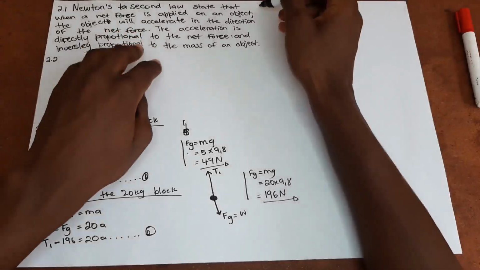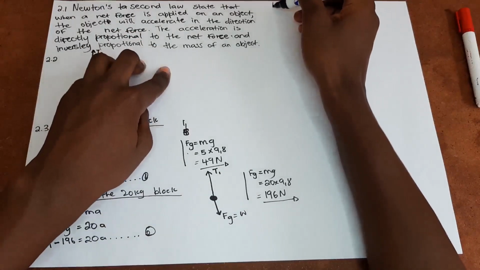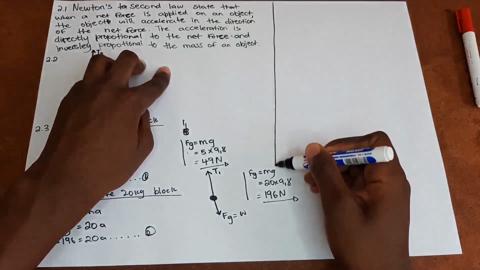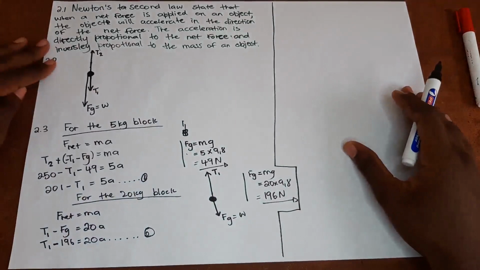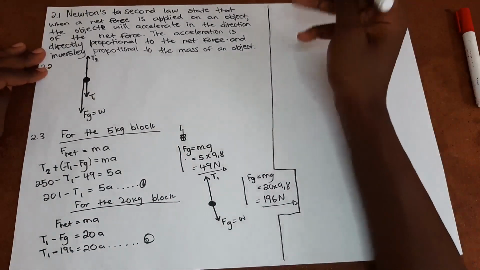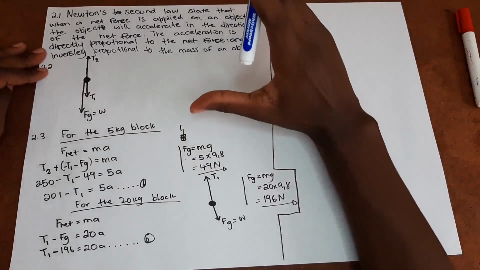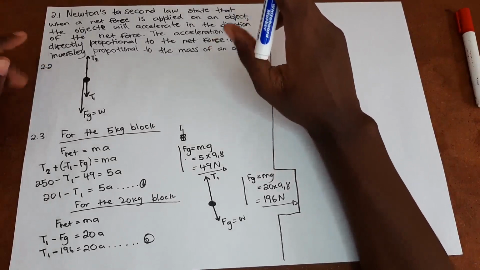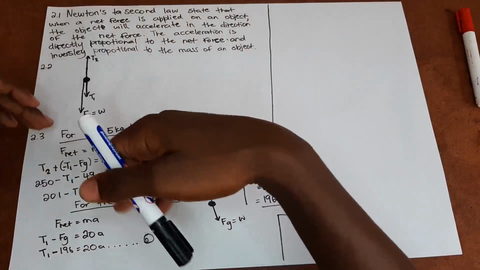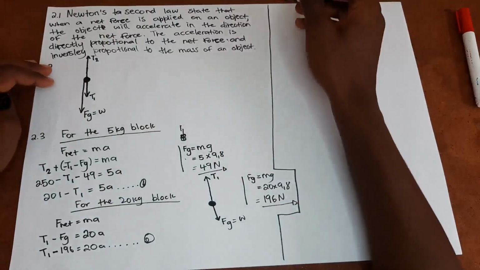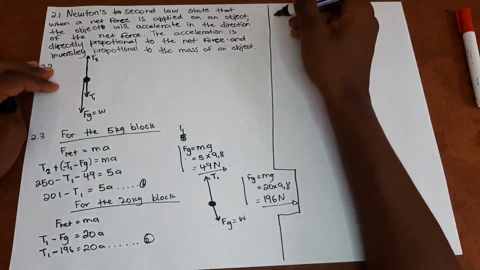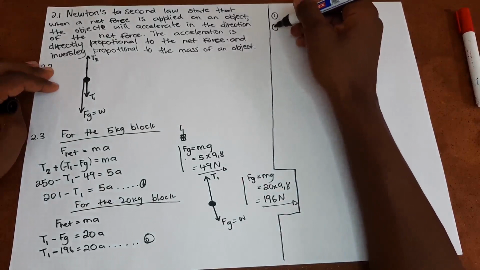So let's move to this side, guys, to continue with our calculations. Let's combine our equations and find the value of A. This is equation 1, this is going to be equation 2.